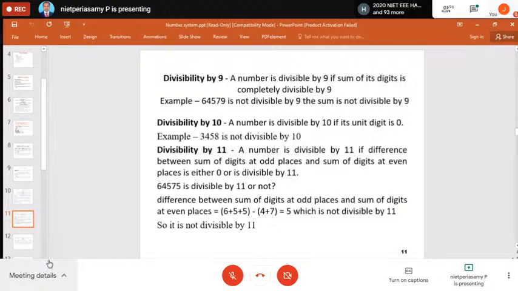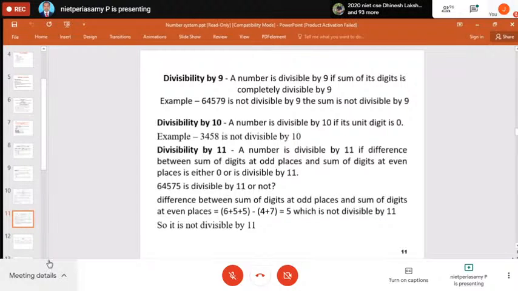For that, you find the sum of the digits which occur in odd places. In this example, the digits at odd places are 6, 5, 5. So you add these digits: 6 plus 5 plus 5.